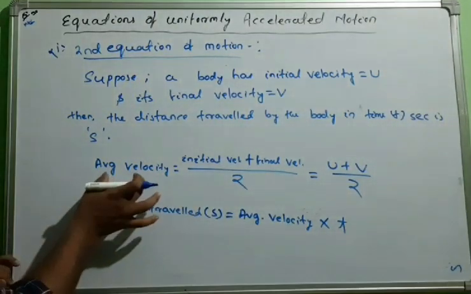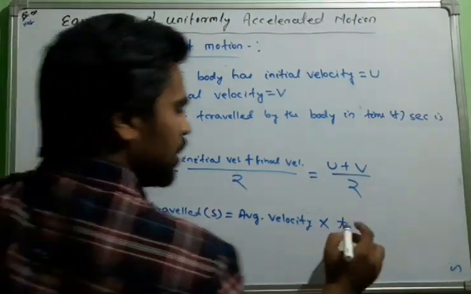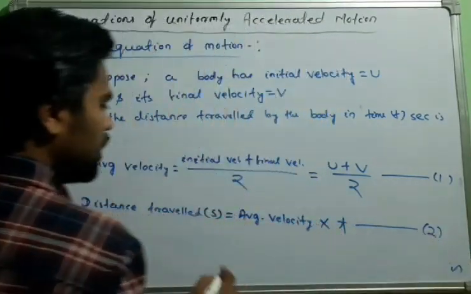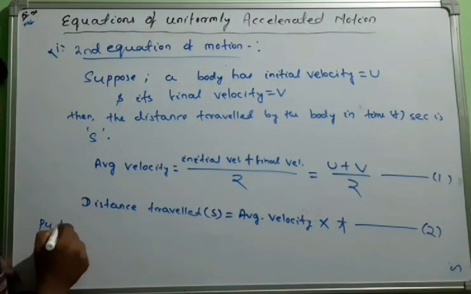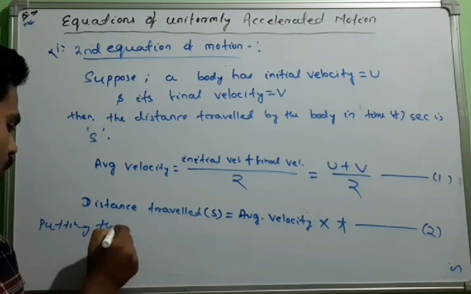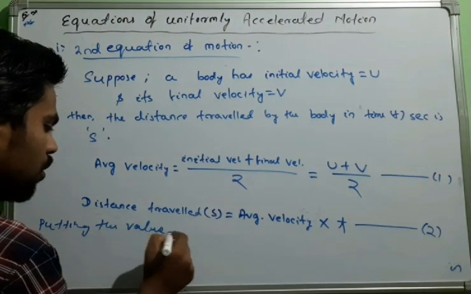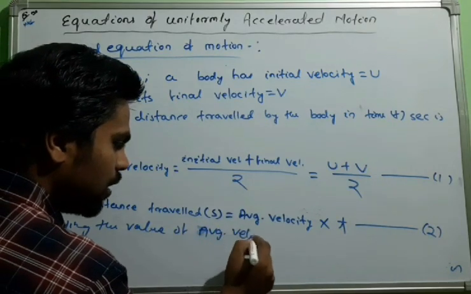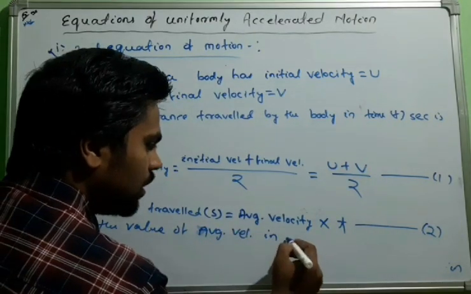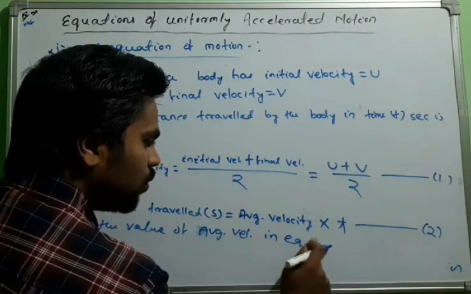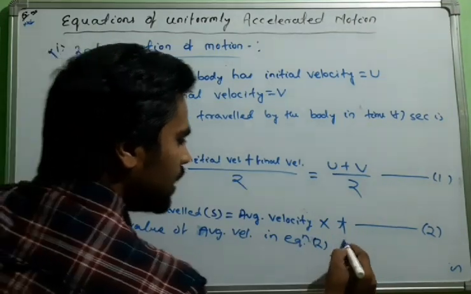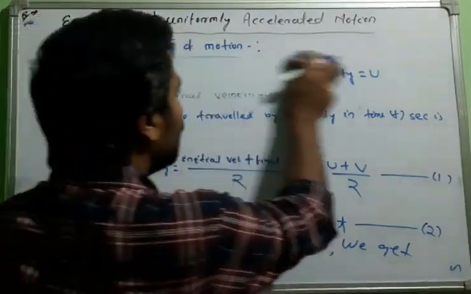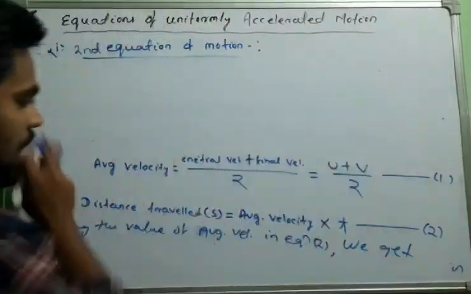If I apply the average velocity in this equation, write down, this is equation 1, this is equation 2. Putting the value of average velocity in equation 2, we get, so now I am applying this one.